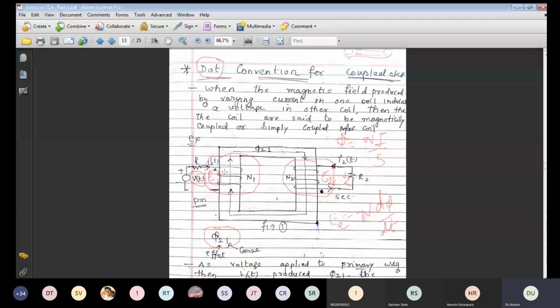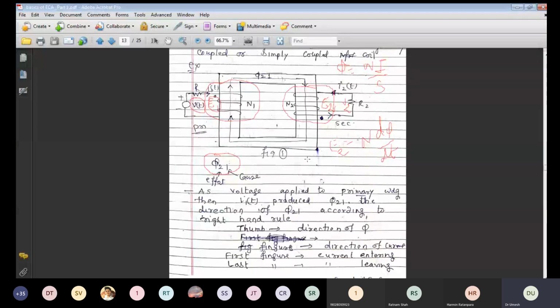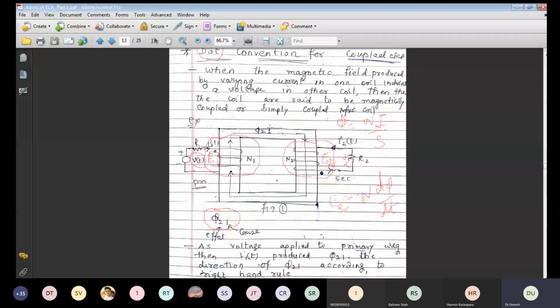If the dot is at the entering end in both, they have the same dot position, so the EMF induced is positive. I will explain in detail, so don't worry about this. Depending upon the direction of the current, flux is produced in the core.